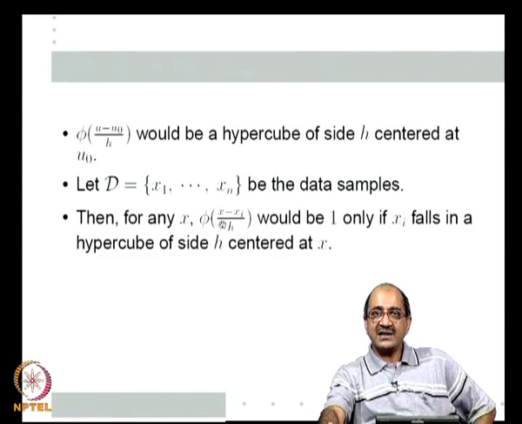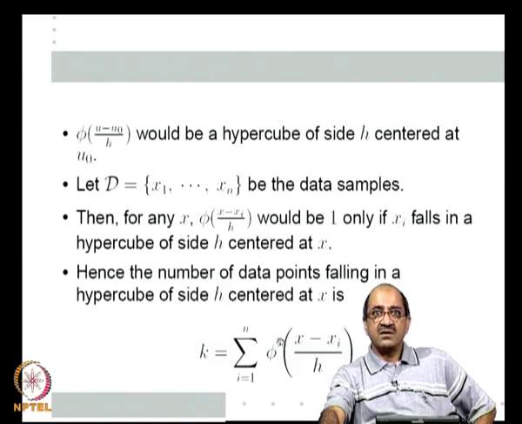So, if I take a hypercube of side h centered at x, and one of the samples xi is within the hypercube, then phi of (x minus xi) by h would be 1. Which means, if I sum phi of (x minus xi) by h over i, that will tell me how many samples fall within this hypercube of side h centered at x. This is what we have been calling k.